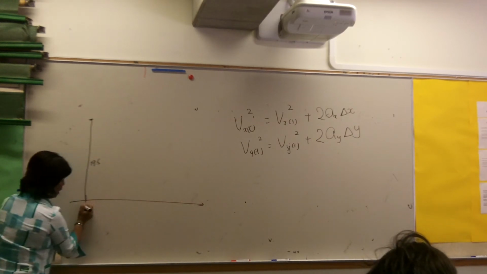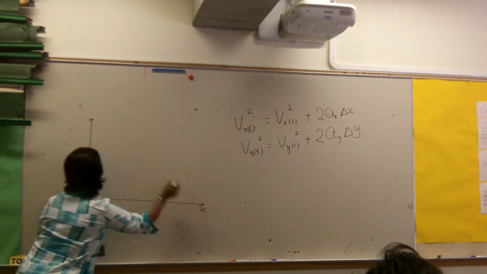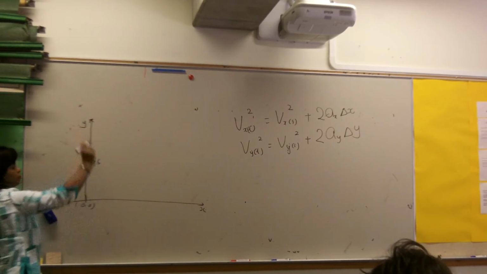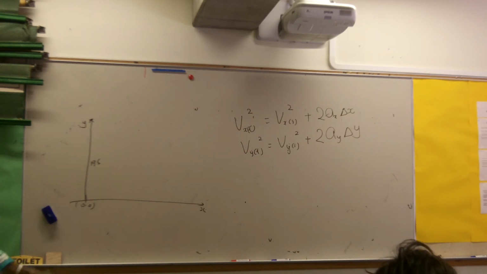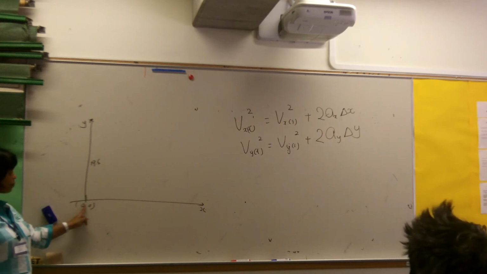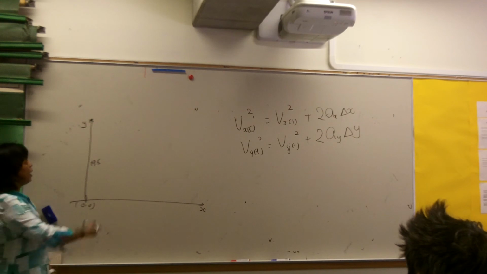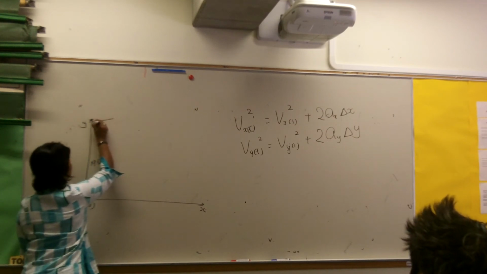Since we are making this 0, 0, let's say this is your x, this is your y. So your y is equal to what? It is 19.5 because our 0 is here, right? And then this eagle sees a fish.